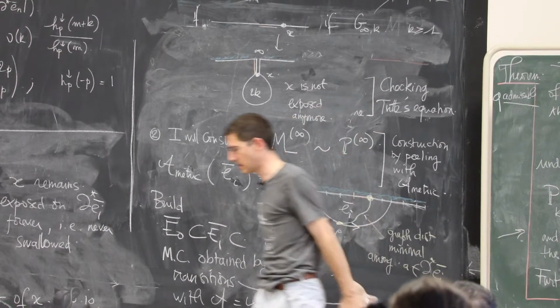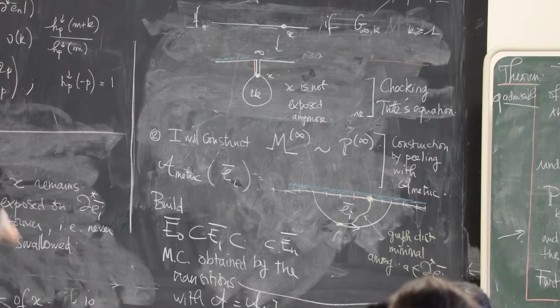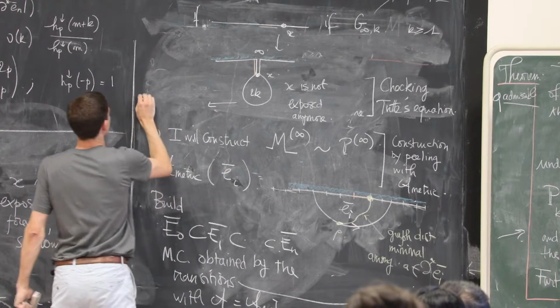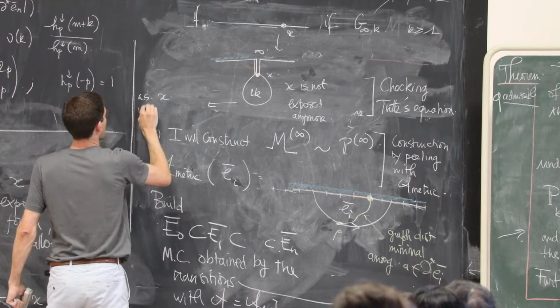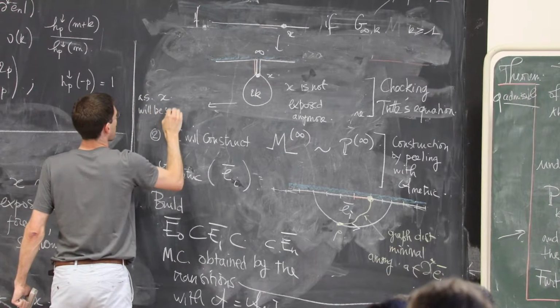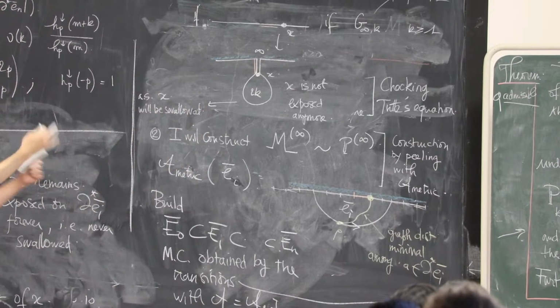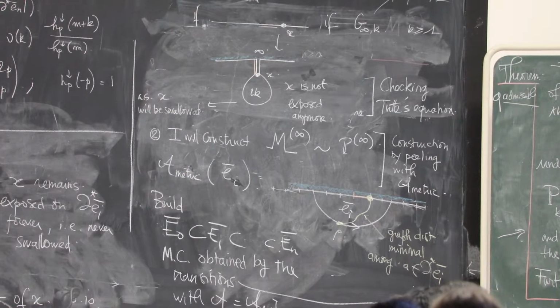Okay, so you need to make everything clear here, but it's impossible with probability 1. So almost surely x will be swallowed. I'm a little loose here because x here is random, but I'll let you fill in the details. That's not a big deal.